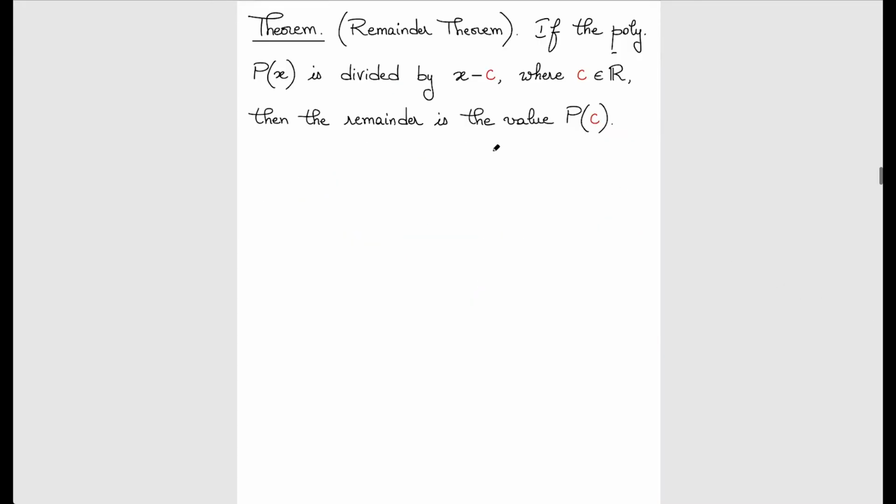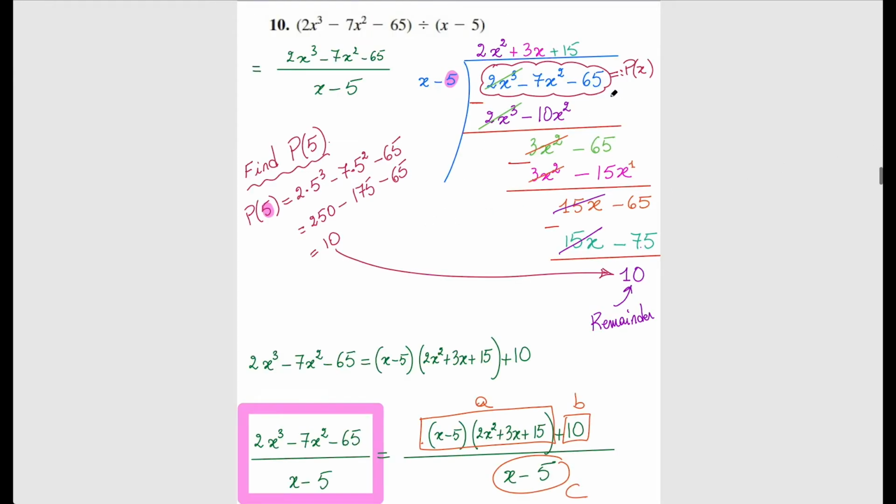And here's the statement. If the polynomial p of x is divided by x minus c, where c is a pure constant, then the remainder is the value p of c. Let me take you back to the example where we started observing that. In example number 10, we divided p of x by x minus c.